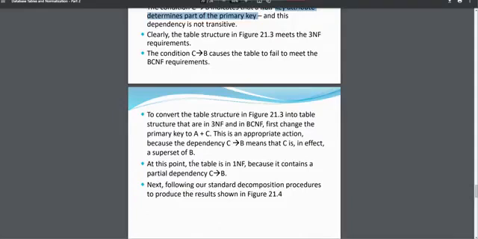So what do you have to do to convert third normal form into Boyce-Codd normal form? First, change the primary key to A plus C. Previously, the primary key was A plus B, right?